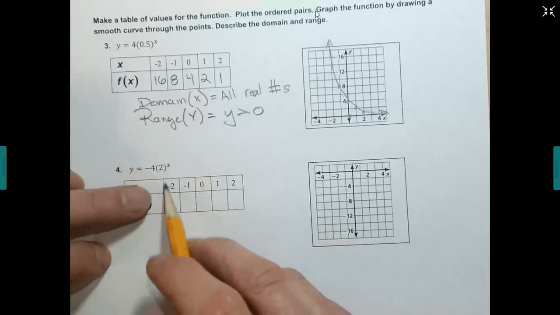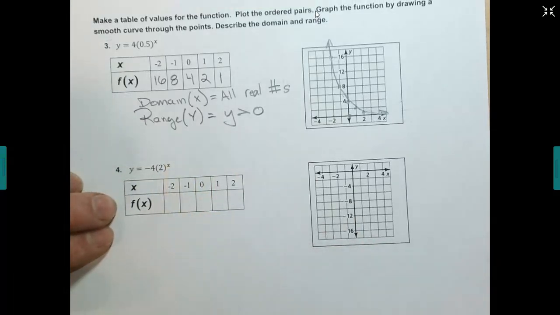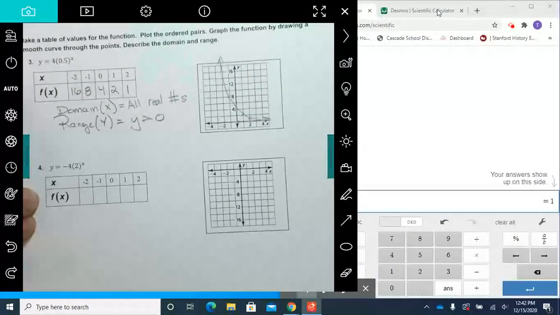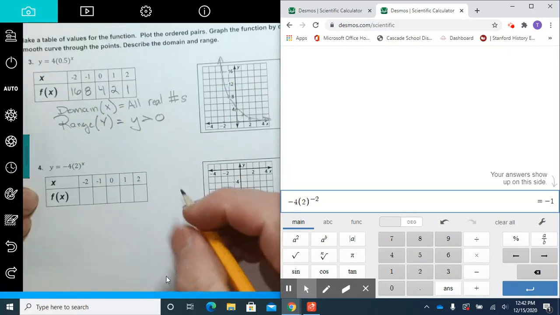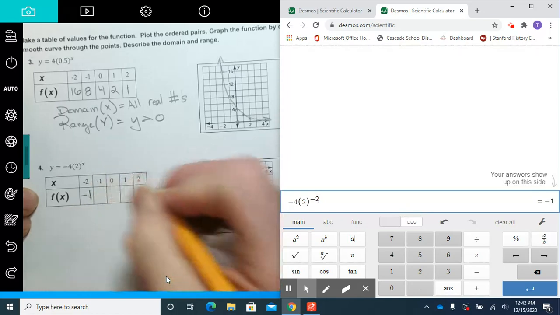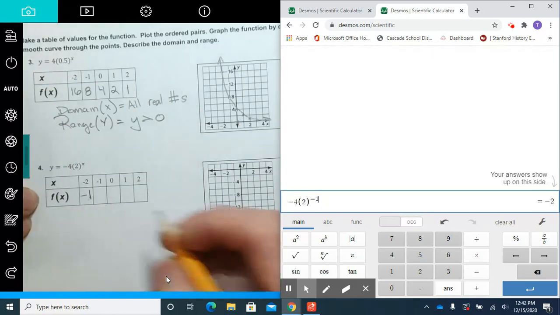Number 4, here's my exponential equation. So I'm going to plug these into here. I have negative 4 times 2 to the power. My first one is negative 2, which gives me negative 1. Negative 1 gives me negative 2.